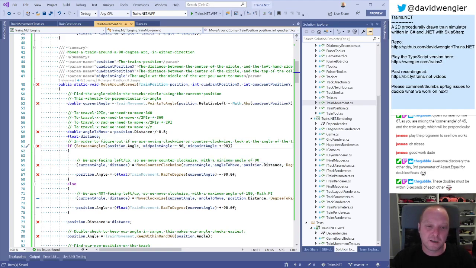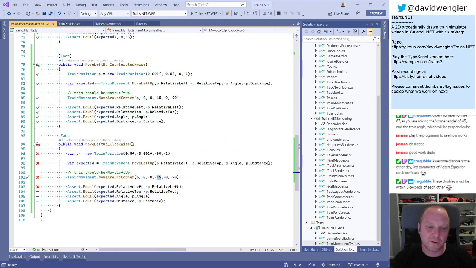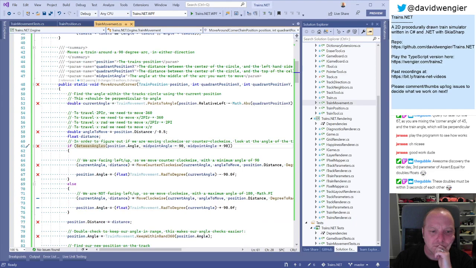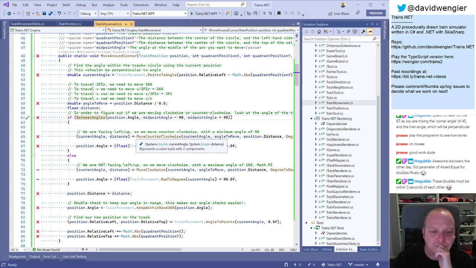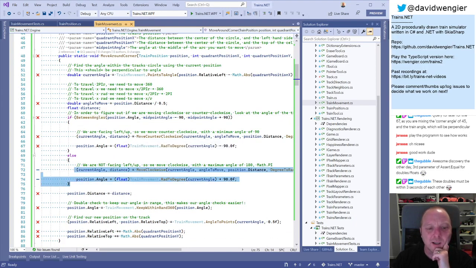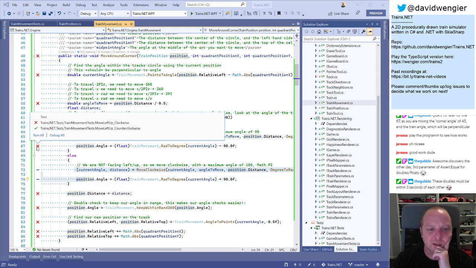So that's the train angle, midpoint angle, not 45. No, that's right. Isn't that right? Also, why aren't these lines covered? Like, this is covered by 0 tests.